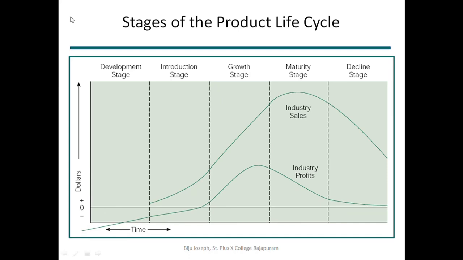Again, as a recap, understand that there are prominently 4 stages of the product life cycle: introduction, growth, maturity, and decline, and all the 4 stages are preceded by the development stage.